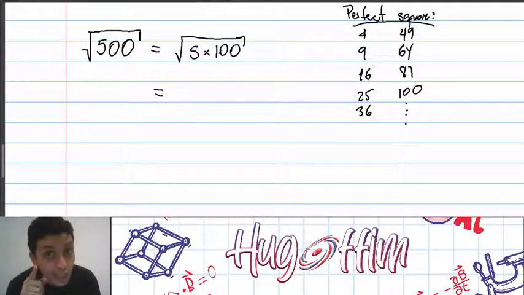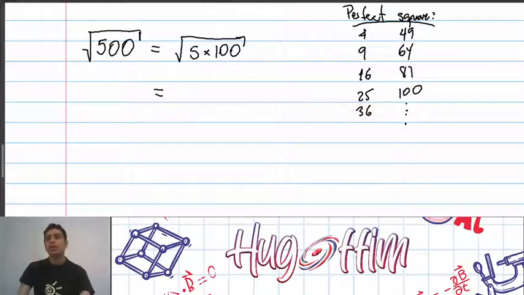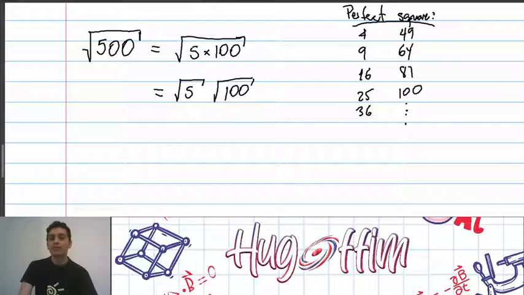In multiplication, not in addition. In multiplication, you can split the root. So root of 5 times root of 100. And the root of 100 is 10. So that will be root of 5 times 10, or the appropriate way to write it is 10 root of 5.